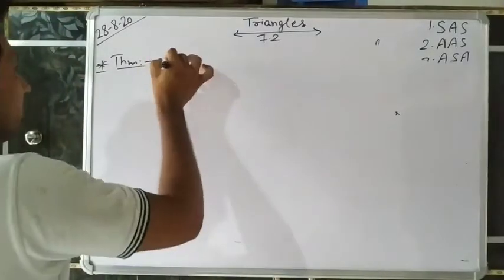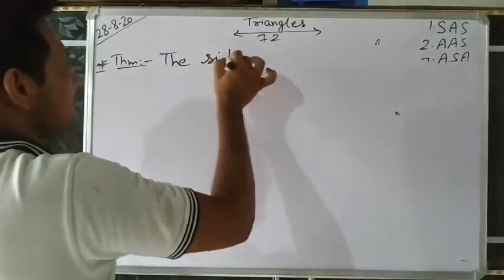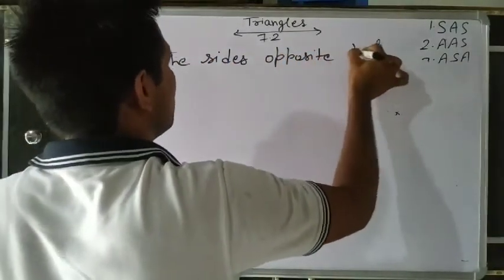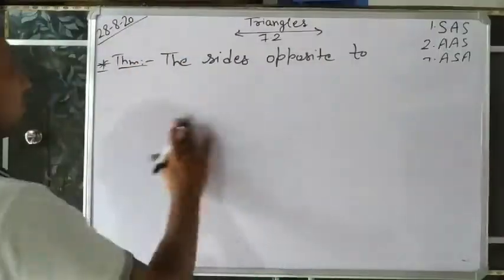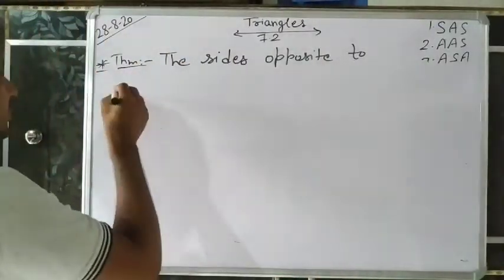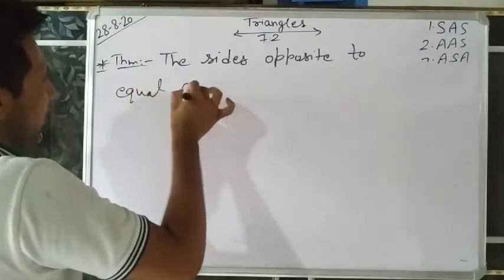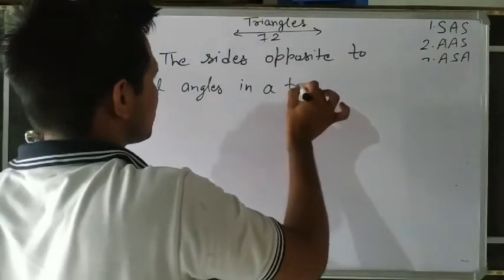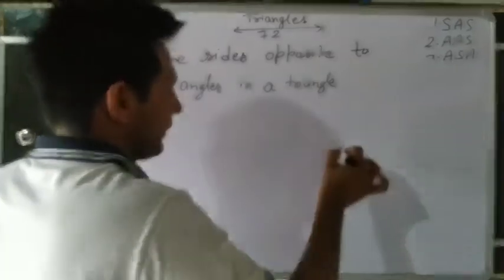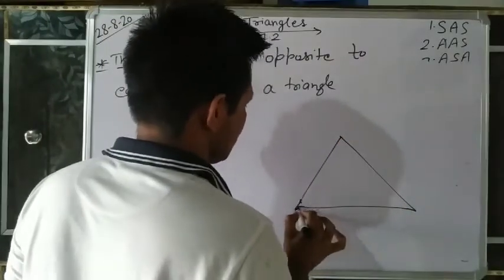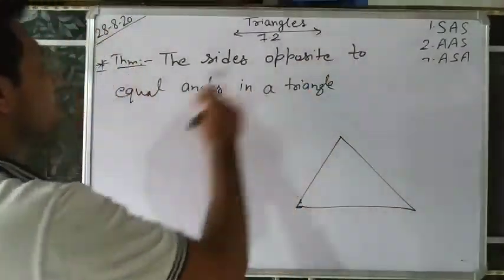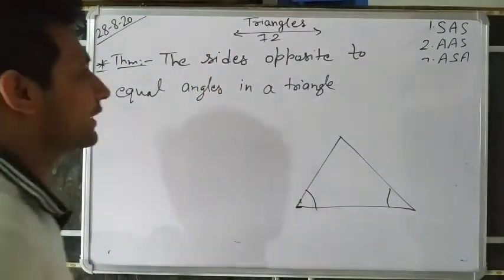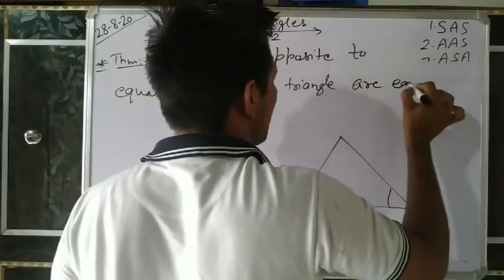So write: the sides opposite to equal angles in a triangle are equal. Suppose this angle is equal to this one. The sides opposite to equal angles in a triangle are equal.